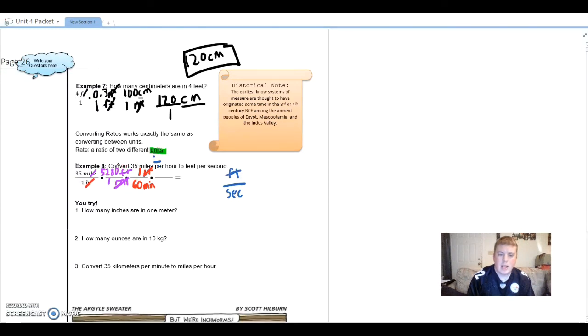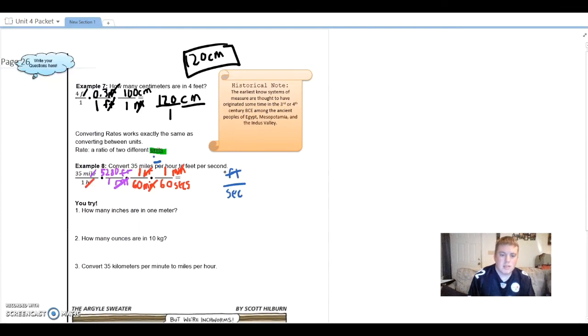Now I'm still not at what I want. I'm at feet per minute right now. I need to go to feet per second. So I need to cancel out minutes, which are on bottom, by putting them on top. And we know that 1 minute is the same thing as 60 seconds. So minutes are going to cancel. And now we have feet on top as our only unit and seconds on bottom, which are our only unit. So we know that we have the correct units, and we can go ahead and multiply these out.